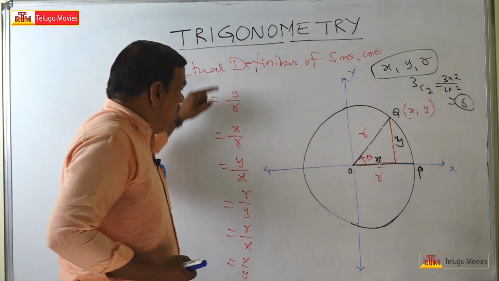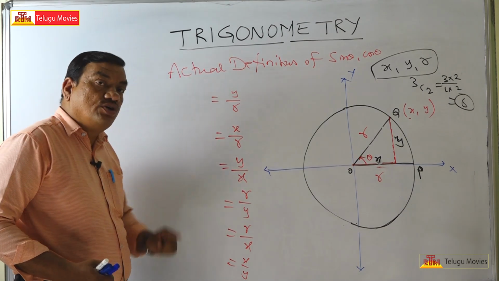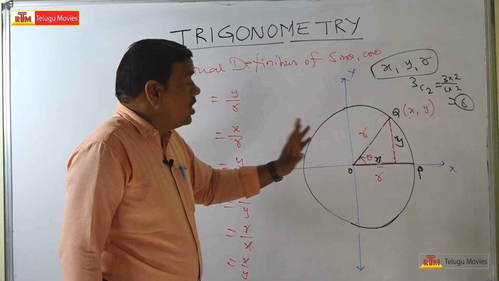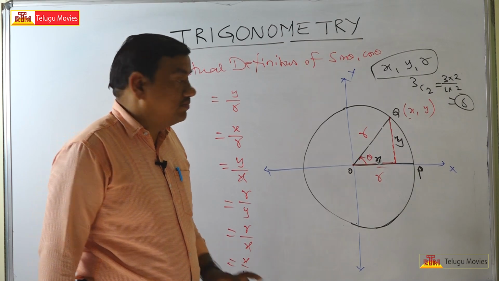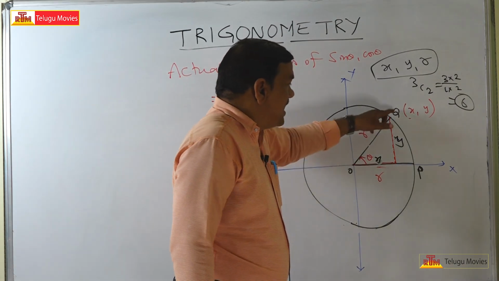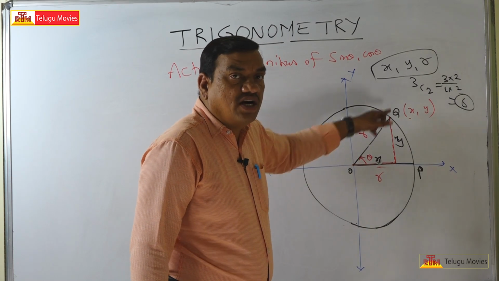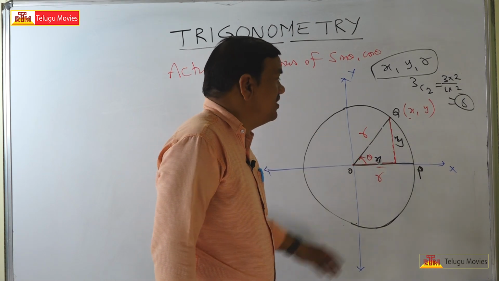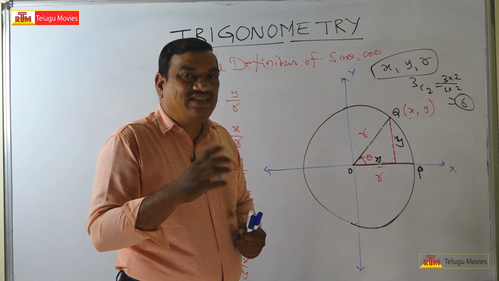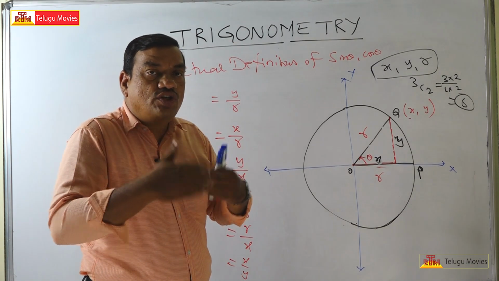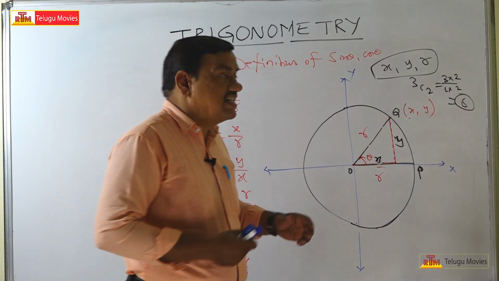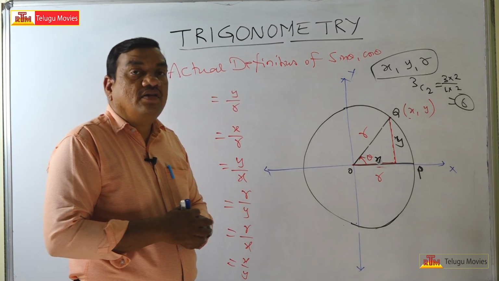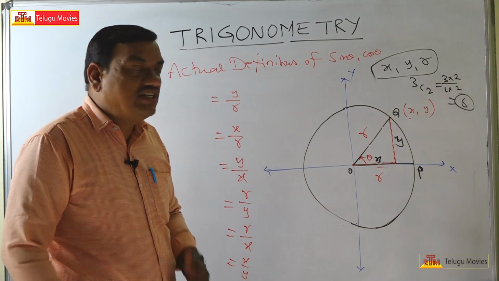Now, all these ratios depend upon the angle theta. Right or wrong? All these ratios depend upon theta, because as OQ rotates, either in the anti-clockwise or clockwise direction, x and y also will change, just like the speedometer, which changes as we go.